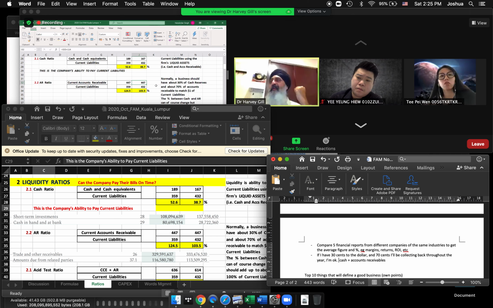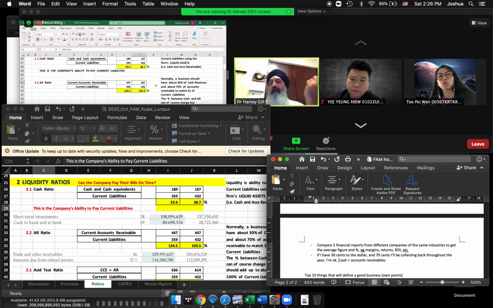So for every dollar of credit they have taken, they're giving $1 of credit. But this is not their trade creditors, this is the total amount that they owe. Maybe that's what the business needs, and that's what you need to be able to explain.